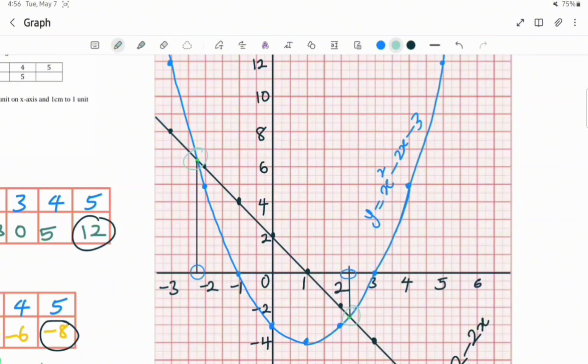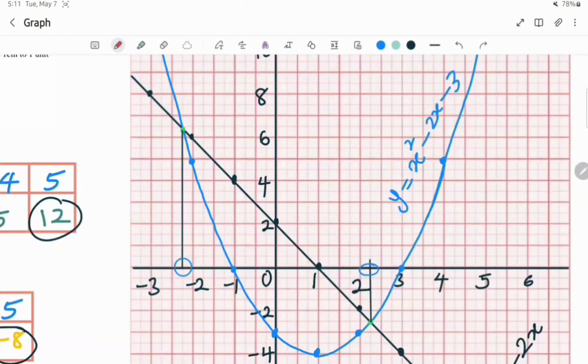So now that we've traced this, let's find out the exact values from this graph. If this is minus 2 and this is minus 3, that means the middle right here is minus 2.5, right? So between here and here, we have minus 2.5, right?